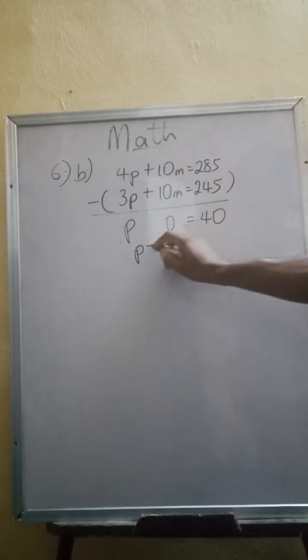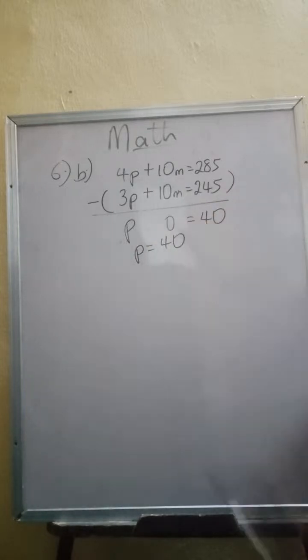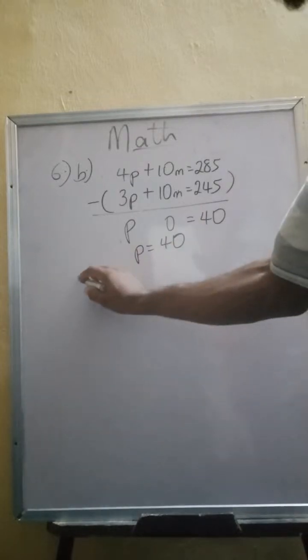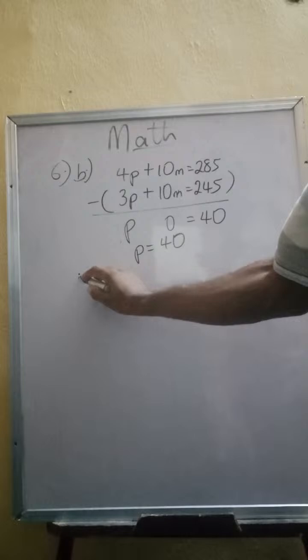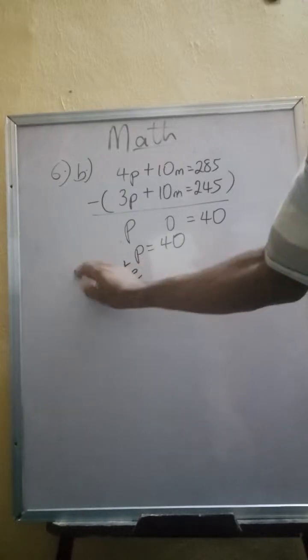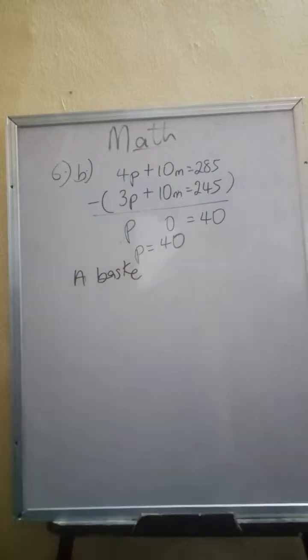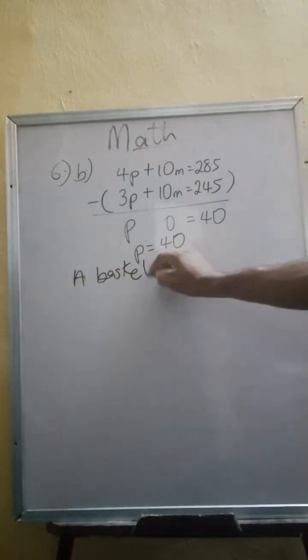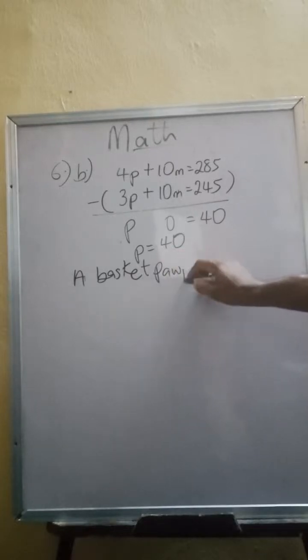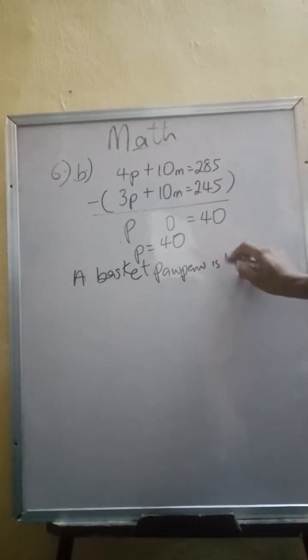And so that means the price of a basket of pawpaw. In English, we start with a capital letter if you want to write a statement. A basket of pawpaw is 40 naira.